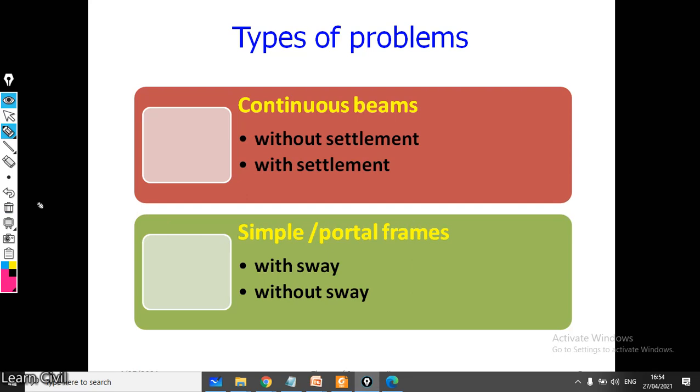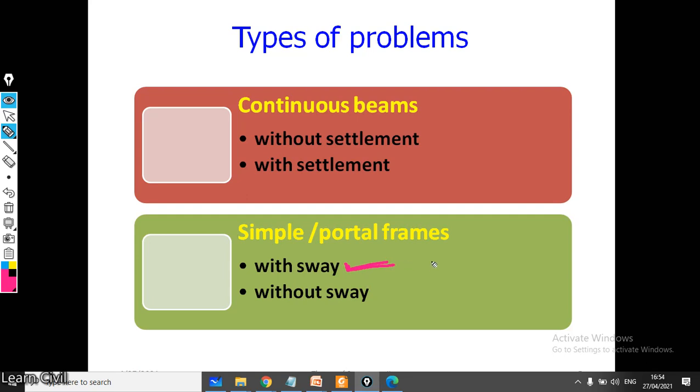Two different types of problems can be solved by using Kani's method. The first one is the portal frame with sway. With sway means whenever some lateral displacement is possible in any type of portal frame, we consider it a portal frame with sway.